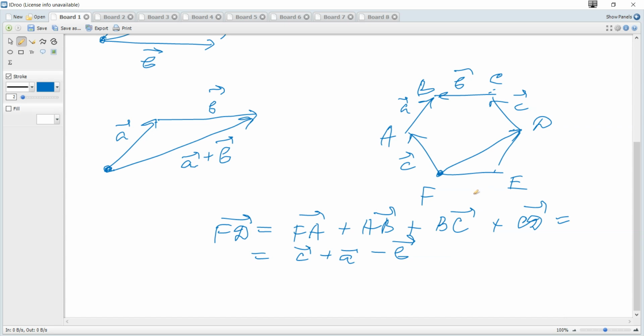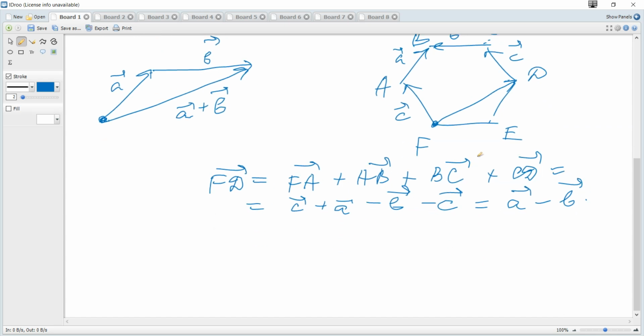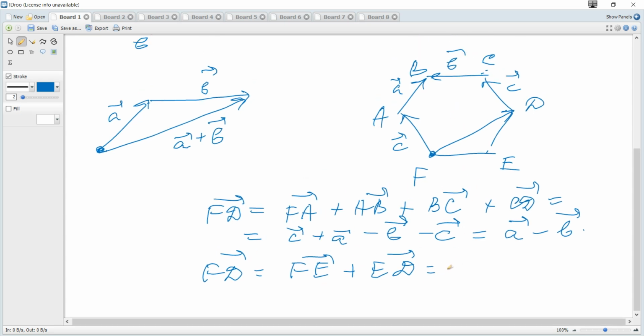Plus CD, and you can see that it's negative c, or minus c. Or we can move in this direction, and you can see that FD is also FE plus ED, and FE is minus b, and ED is a, and you can see that it's the same.